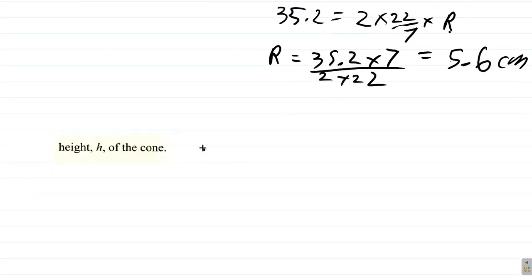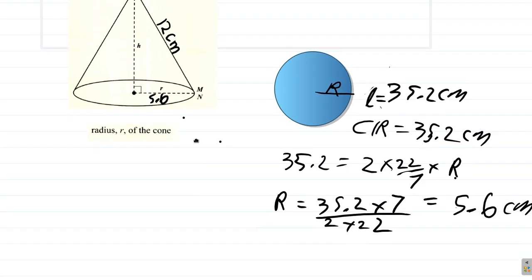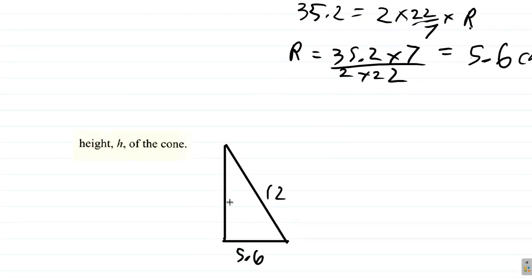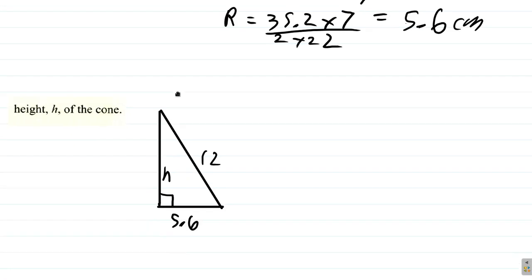So this is 5.6 and this is 12. Is it 12? Right, 12. And you have h, the height. So we want the height. So this would have to be a right angle right here, right? And they show it is a right angle too.